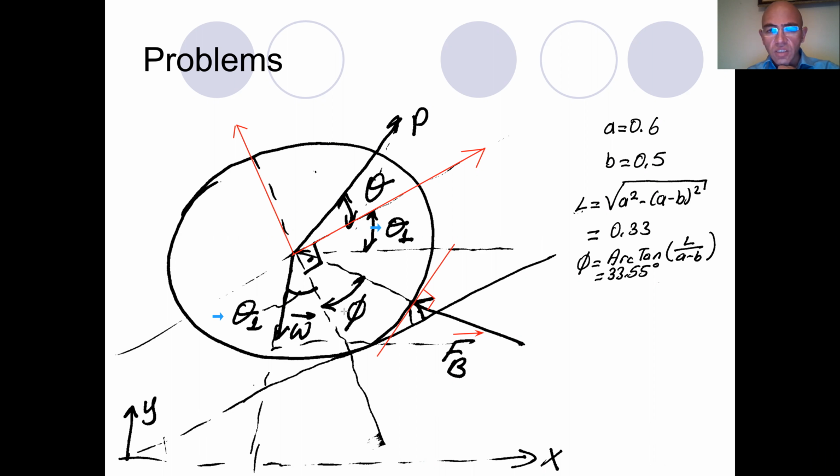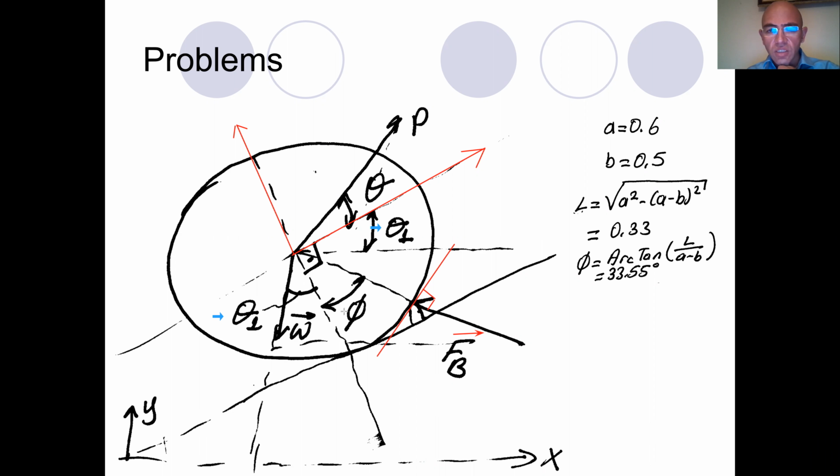Now let's write the forces in Cartesian form. This will be the next thing that I'm going to do. Now, first begin by P. P is equal to P times, P here is the magnitude, if I don't put an arrow on it, P cosine theta plus θ1.